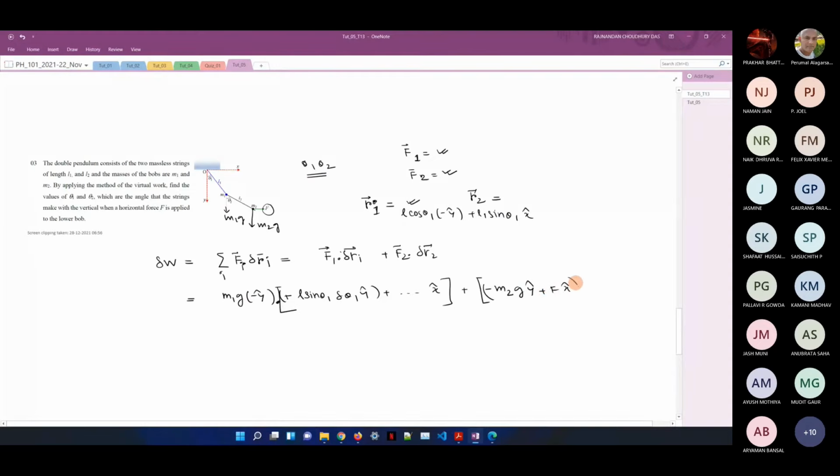Similarly, for F2, our F2 is minus m2g y cap plus F x cap dot here. Now our R2 will be a little bit complicated. It will have this position plus this position. So our R2 will be equal to L2 sin theta 2 plus L1 sin theta 1 x cap plus L2 cos theta 2 plus L1 cos theta 1 y cap.